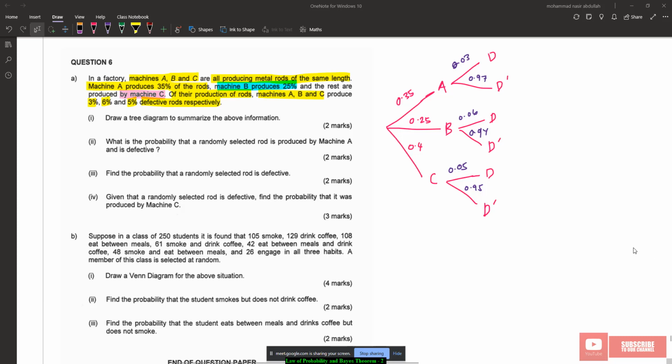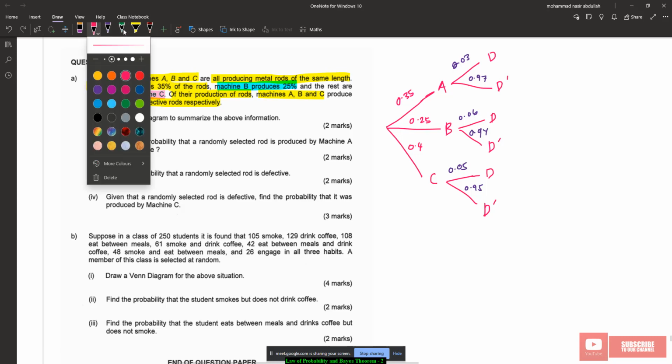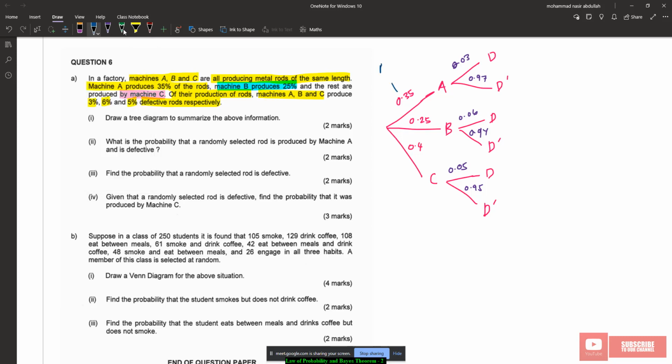Okay, so what does it mean here? We know that from the tree diagram, this is the probability of A, this is the probability of B, and this is the probability of C. This is the probability of D given A. This is the probability of D complement given A. And this is the probability of D given B. So I hope you get the idea, right?